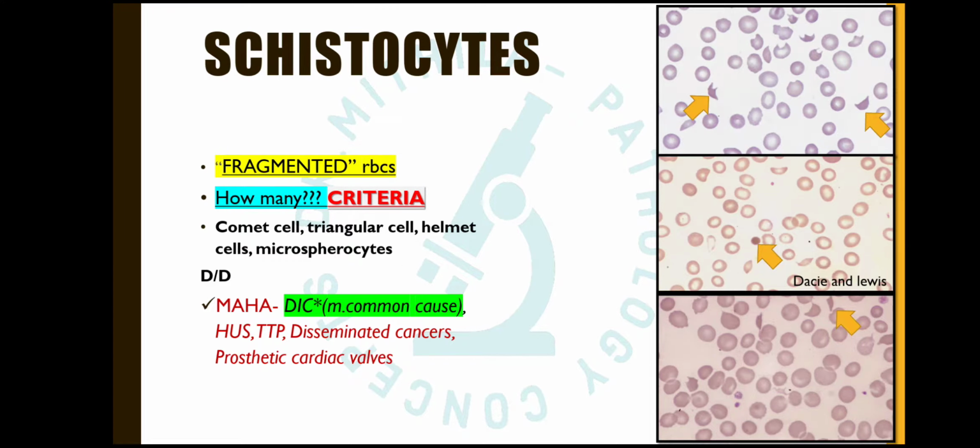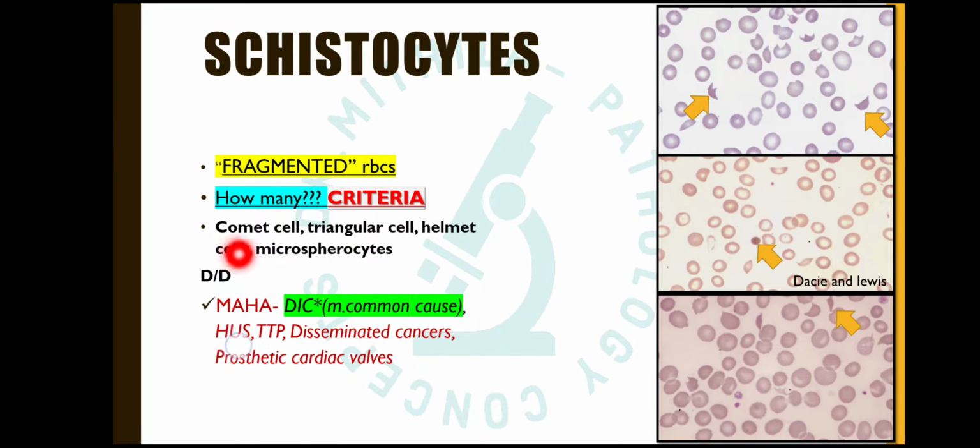Now next is schistocytes. Schistocytes are the fragmented RBCs. Here in this picture you can see these are the fragmented RBCs. Generally it is said that if we see 3 per 5,000 RBCs which are fragmented, then we label it as schistocytosis in the peripheral smear.